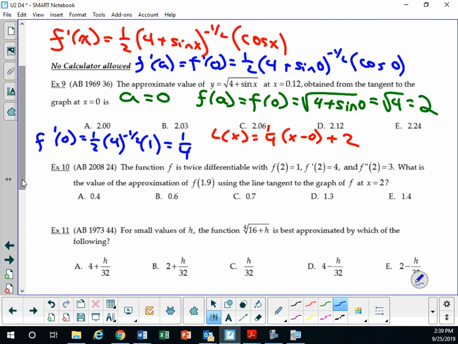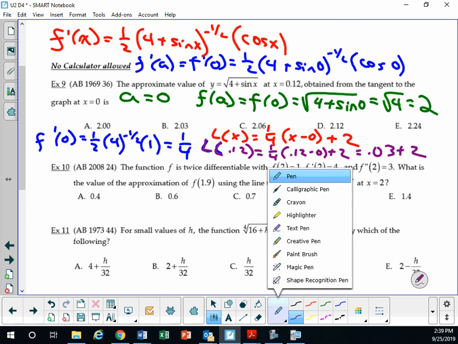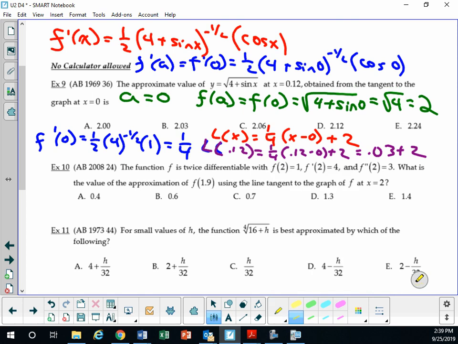The difference between 0 and 0.12 is 0.12. So now I have L of 0.12, 1/4 times 0.12 minus 0 plus 2. 4 goes into 0.12 as 12 divided by 4 is 3, which makes this 0.03. 0.03 plus 2 means my answer is 2.03.